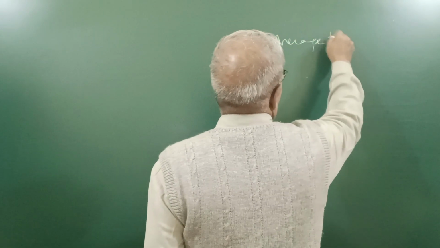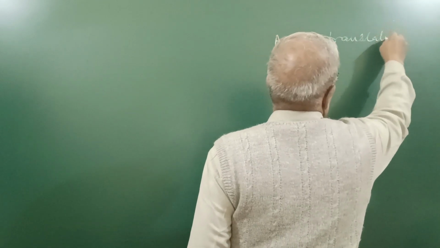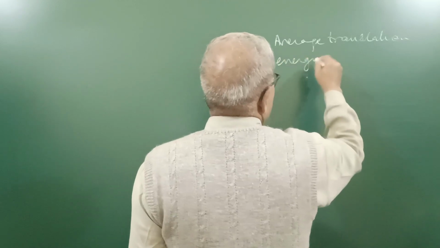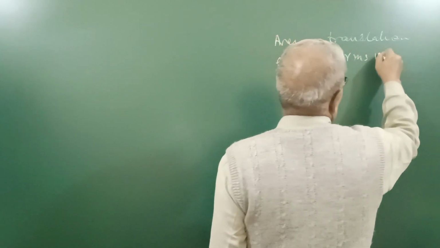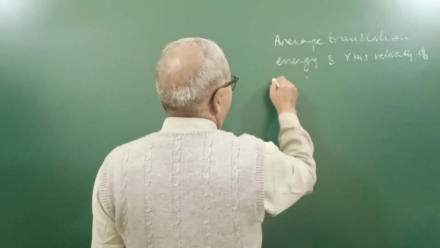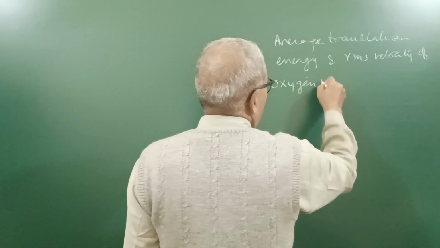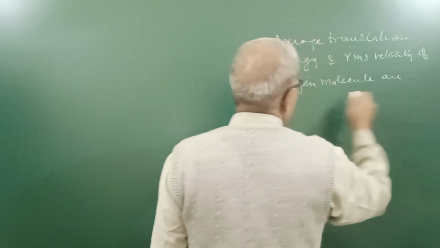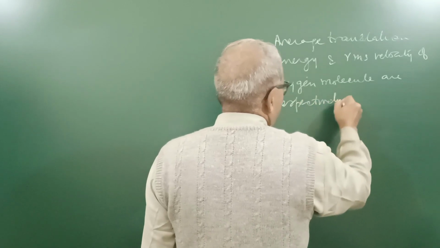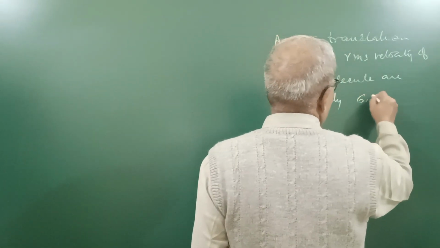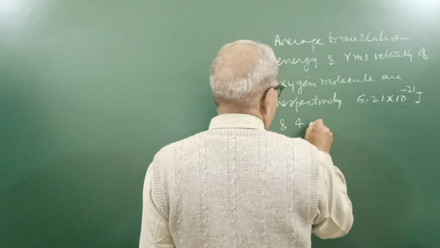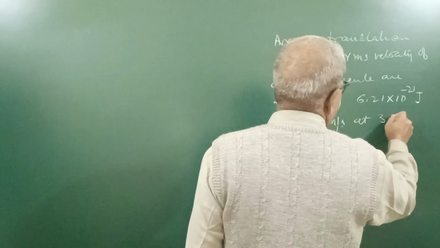Now here there is another question. The average translation energy and root mean square velocity, RMS velocity, of an oxygen molecule are respectively 6.21 into 10 to the power minus 21 joule and 484 meter per second at 300 Kelvin.